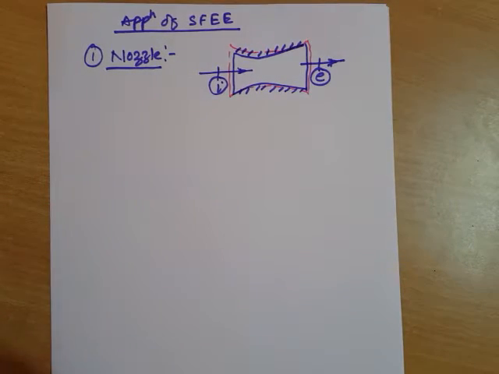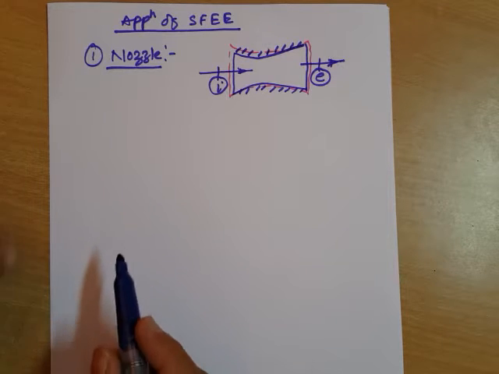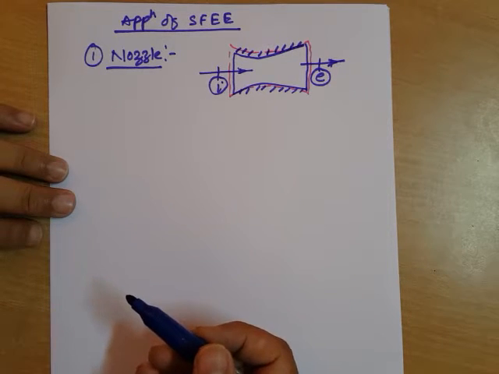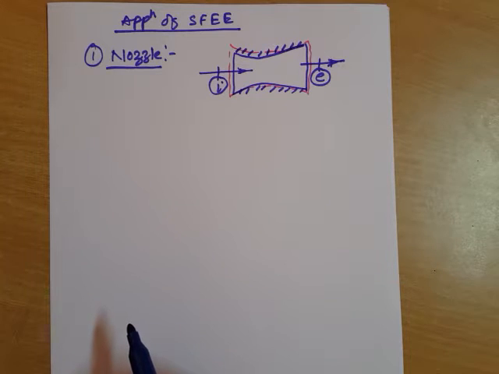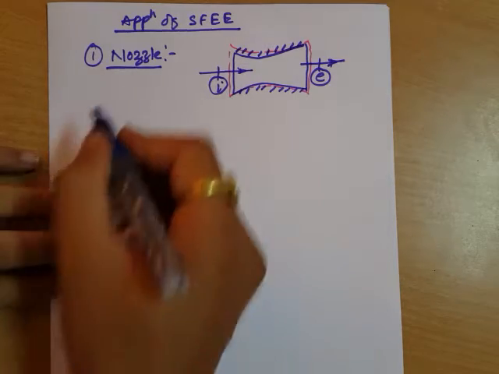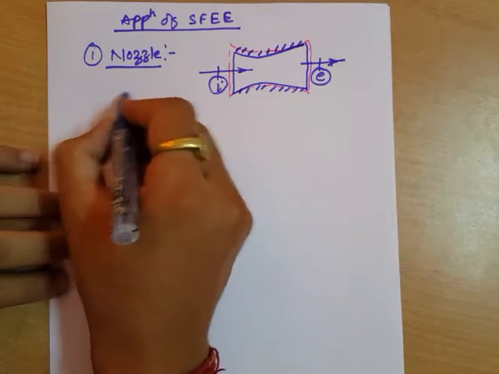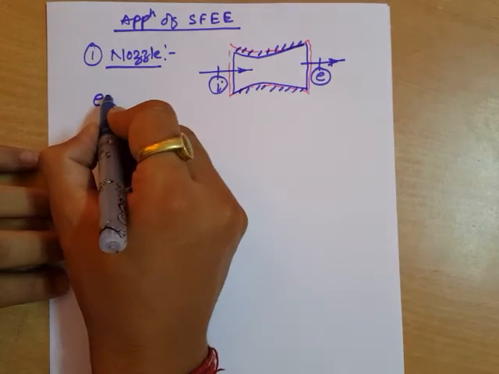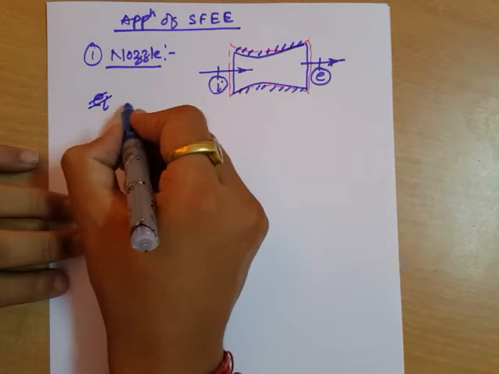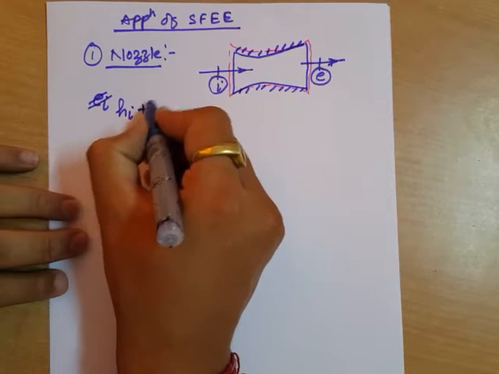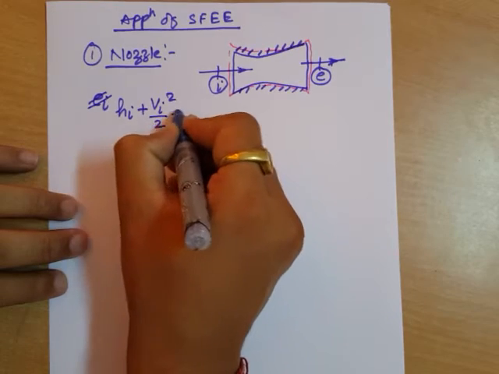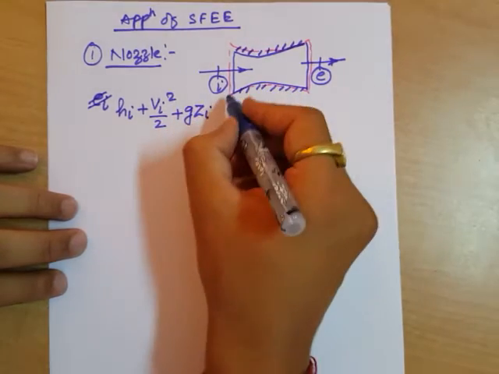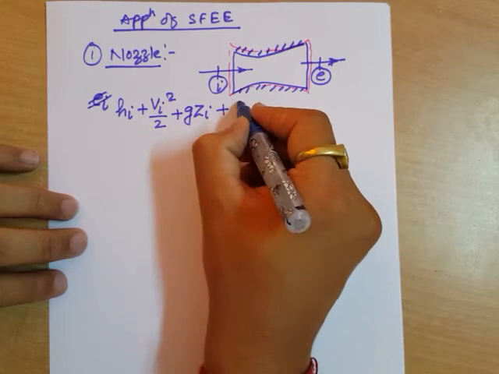Now before I apply SFEE, I would like to mention one thing: a single stream of fluid is entering or leaving, so the best way is to use the per unit mass basis SFEE. That is, energy which is entering here, or in expanded form, hi plus Vi square by 2 plus g zi plus the amount of heat transfer.